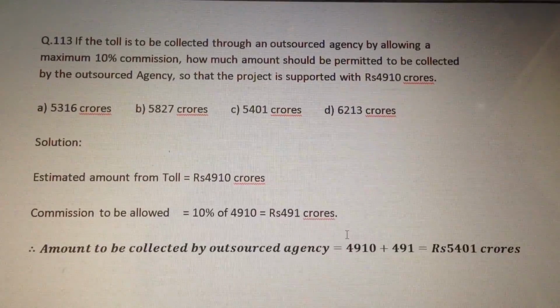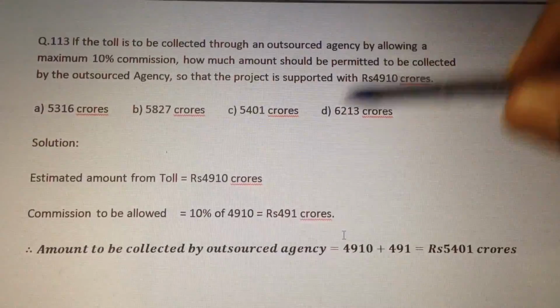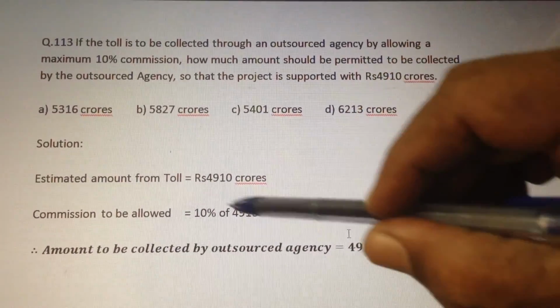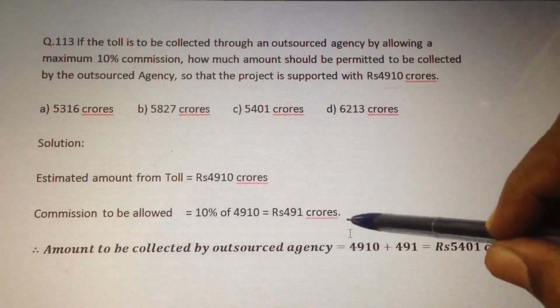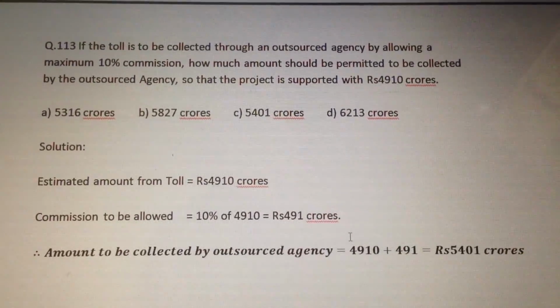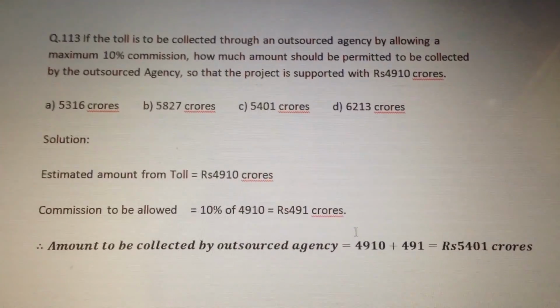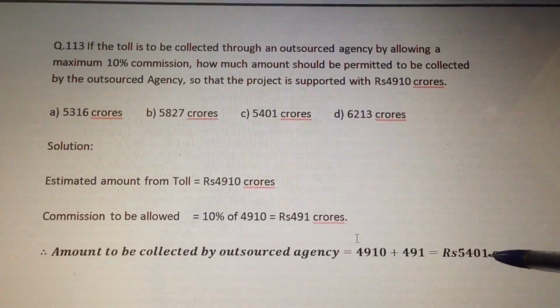And the commission to be allowed to the outside agency is 10%. So what is 10% of 4,910 crores? It is 491 crores. Therefore, total amount to be collected by the outsourced agency is 4,910 plus 491, which is equal to 5,401 crores.